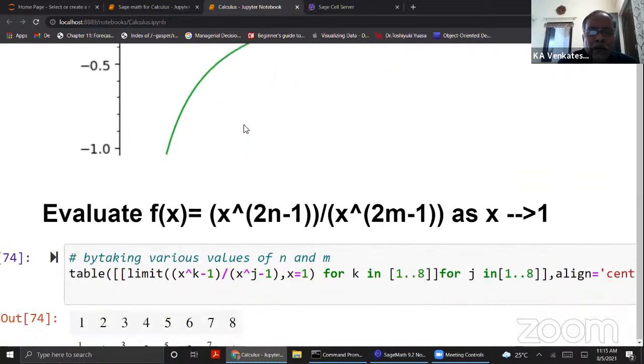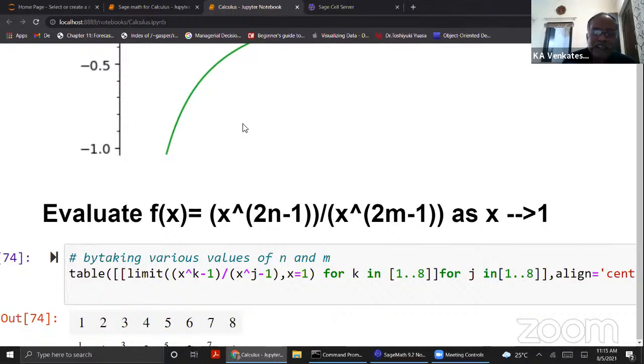Okay. Now this is similar to the previous problem, but here we have to take two different values. Evaluate f of x equal to x power 2n minus 1 and x power 2m minus 1 as x tends to 1. Since I burned my earlier, I'm not going to use the list way. So I'm using the general way.